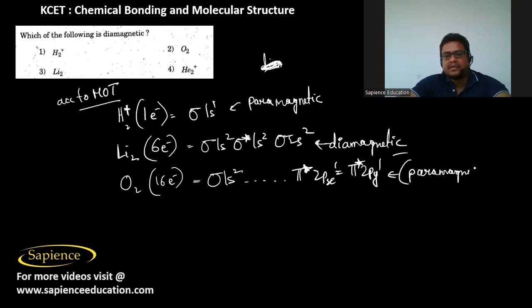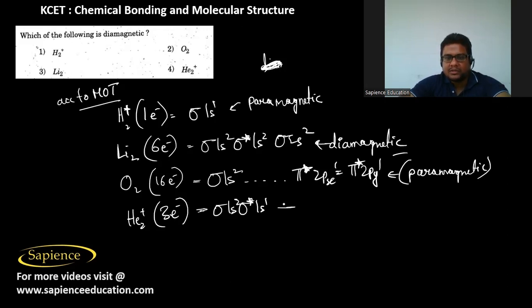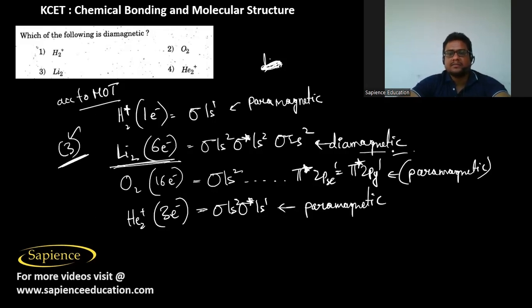And in case of He2 plus, it has got 3 electrons, so its molecular electronic configuration will be sigma 1s2, sigma star 1s1. So here also we have one half filled molecular orbital, so this is also paramagnetic. So option 3 is the correct answer, which is Li2, since only Li2 is diamagnetic.